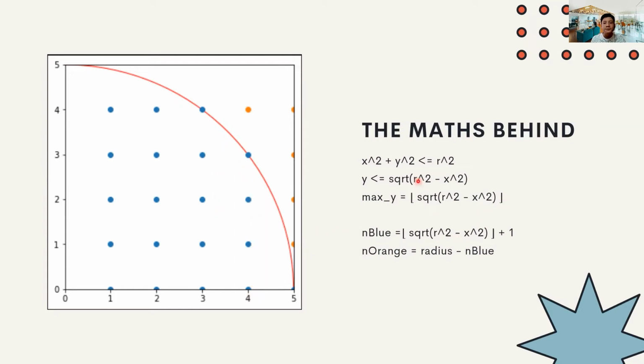Okay, let's see. Our test condition to see if a point is within a circle is the equation x squared plus y squared must be less than or equal to r squared. Let's just do some simple transposition to obtain y. So y is less than or equal to the square root of r squared minus x squared.